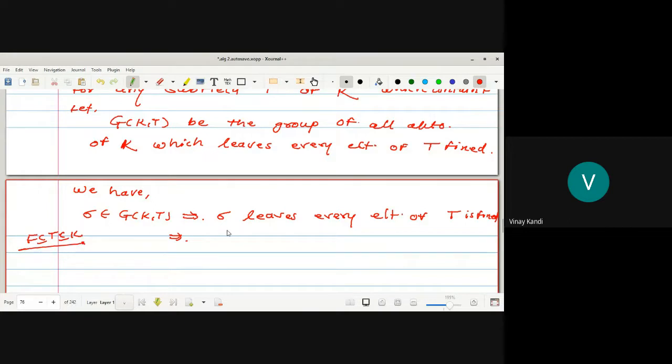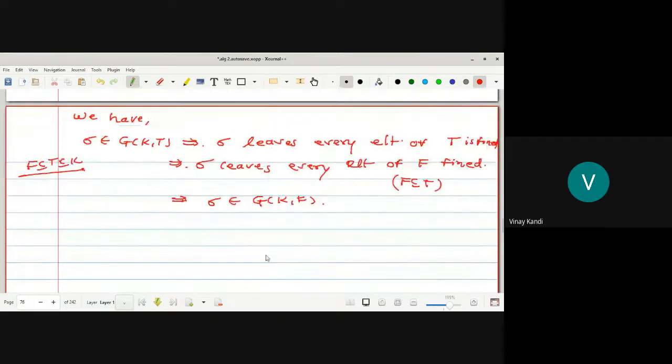So that means sigma leaves every element of capital F fixed. Is it correct? Why? Because F is contained in T. So this implies sigma belongs to GKF. So GKT is a subset of GKF. Any doubt here?